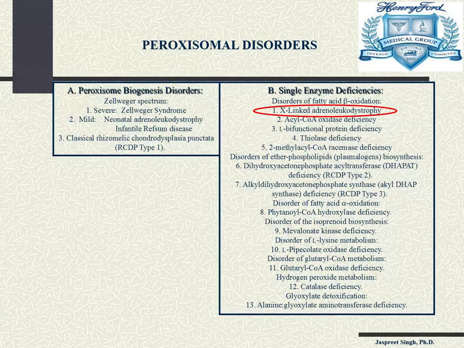Some of the diseases characterized by these are Zellweger and RCDP. And there are other single enzyme deficiencies in peroxisomes, X-linked adrenoleukodystrophy being the most common and the most frequent peroxisomal disorder with a single enzyme deficiency.